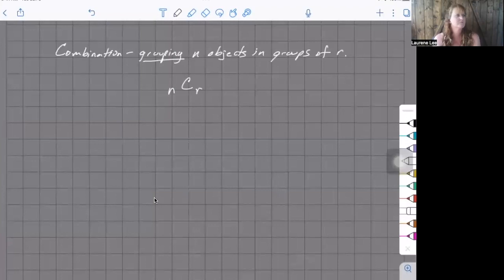Now, what's the difference between a group and a line or an arrangement? Well, in a group, if offices aren't assigned or places aren't made, then I don't care how I get in a group. If I'm going to take our class and put you in groups of 3, if person 1, 2, and 3 are in a group, that's the same as person 3, 2, and 1.